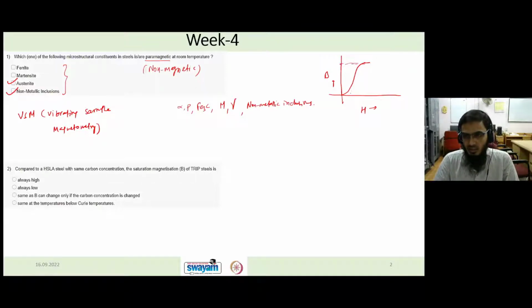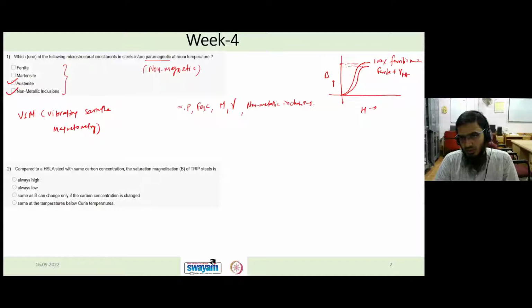In the other case, let's say this is 100% ferritic microstructure. In another case, let's say you have some amount of ferrite plus retained austenite. What will happen in the second case is that the saturation magnetization value will be decreased.